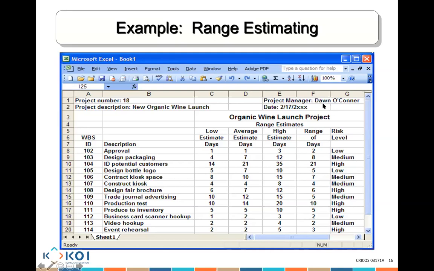I've sent it to all of you. In this example, the optimistic is the low estimate days, the most likely is the average estimate days, and the pessimistic is the high estimate days.